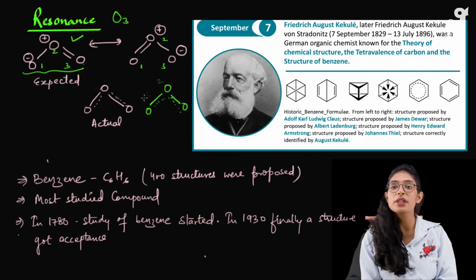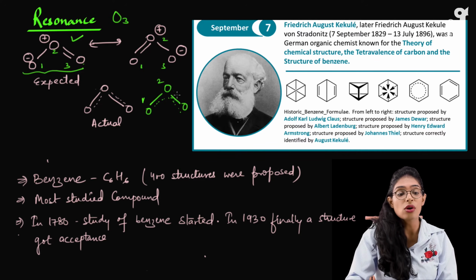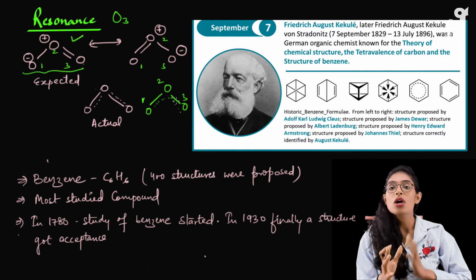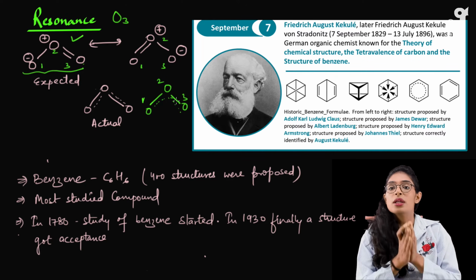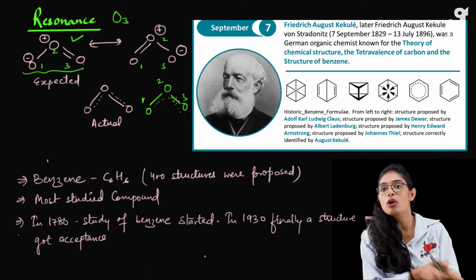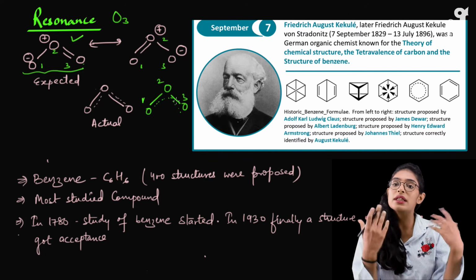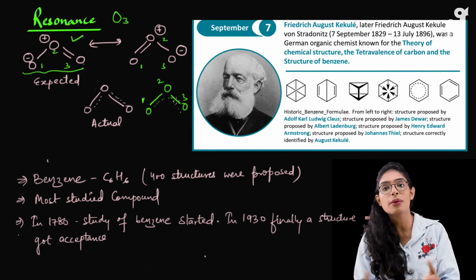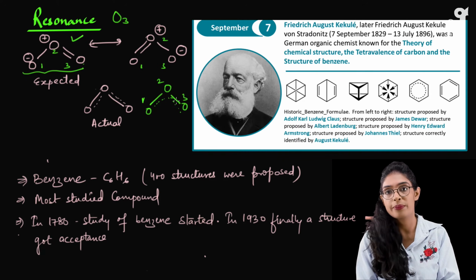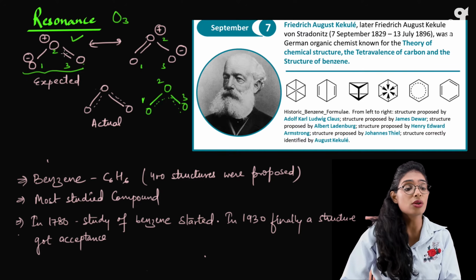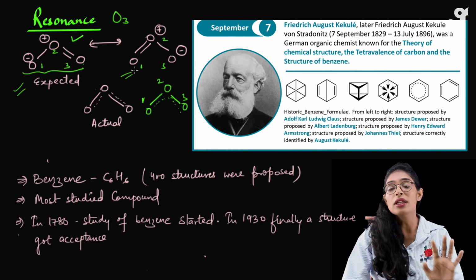Partial double bond character means the first oxygen, second oxygen and third oxygen all tend to show a bond order that is not exactly a single bond and not exactly a double bond, but somewhere in between. So the bond order shows that these are neither proper single bonds nor proper double bonds, they are somewhere in between. That means the structure we are expecting is not the actual structure.